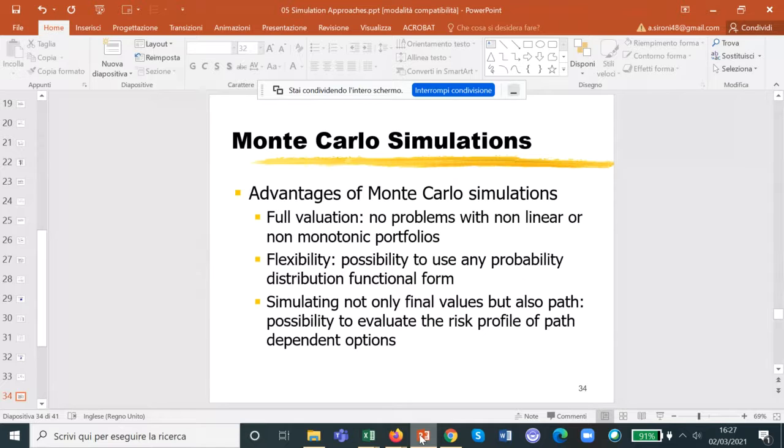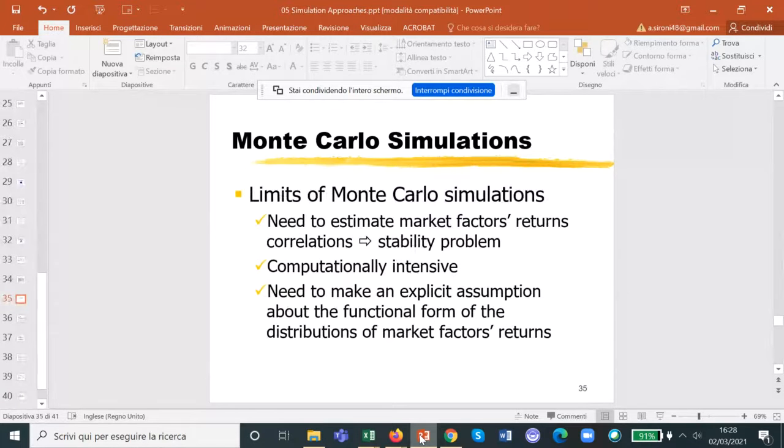Usually there are softwares that tell you what known distribution best fits the historical one. And also, Monte Carlo simulations allow you to estimate value at risk of portfolios which are path dependent, meaning that their final value not only depends on where the market factor is at the end of the period, but also what is the path that it has followed over time. And this, of course, is a very important advantage.